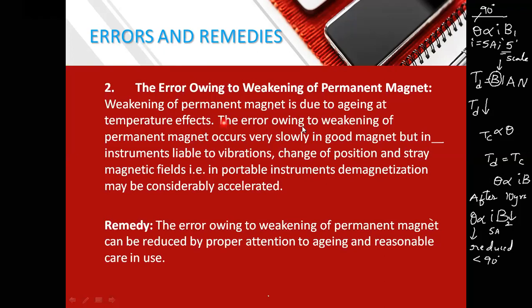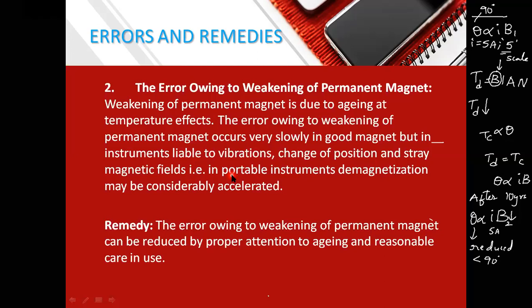The error owing to weakening of permanent magnet occurs very slowly in a magnet, but in instruments liable to vibrations, change of position and stray magnetic fields, the weakening of the permanent magnet happens quickly. Generally, if you place a permanent magnet in steady conditions where there is no disturbance, its life would be better.